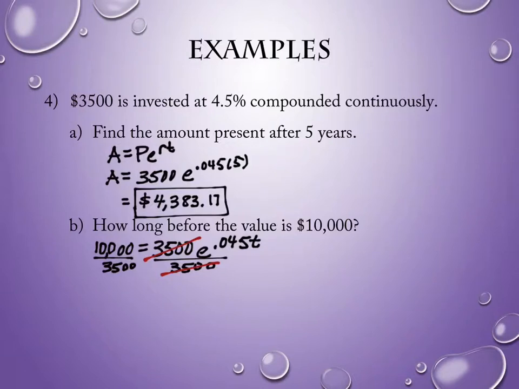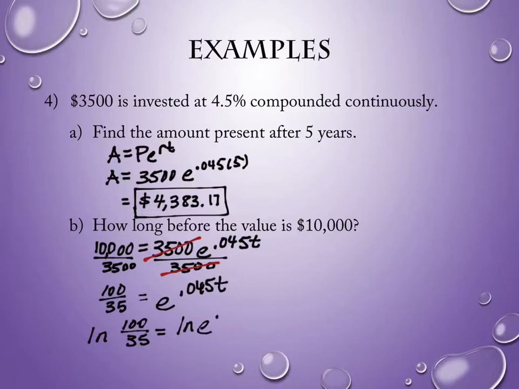I could simplify this just a little bit for the sake of writing it down. I could cancel out the last two zeros. This is 100 over 35 equals e to the 0.045t. Natural logs again are super nice to use because I have a base e. So natural log of 100 over 35 equals the natural log of e to the 0.045t.